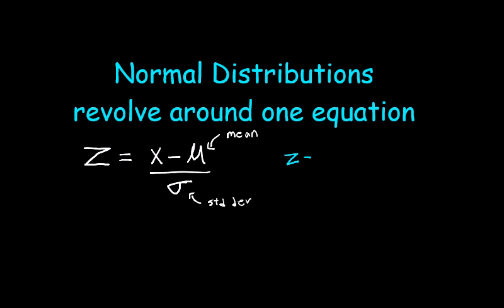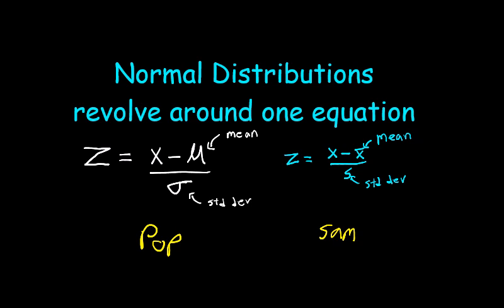Now, technically speaking, there is another equation, and you could argue this completely, but they're relatively the same. You've still got a data point minus the mean over some standard deviation, where the x bar is also a mean value, and the s is also a standard deviation value. But the reason why these two equations are different is because this one's dealing with populations while this one is dealing with samples.